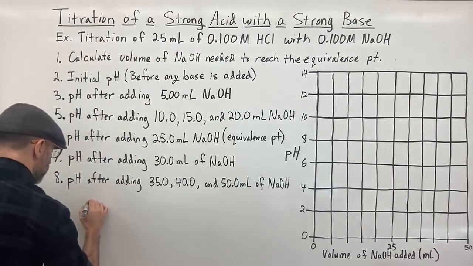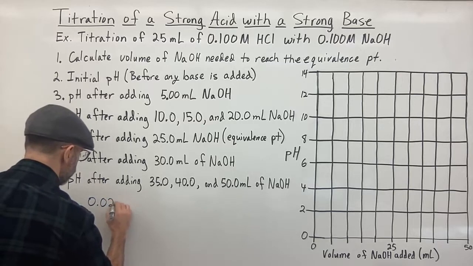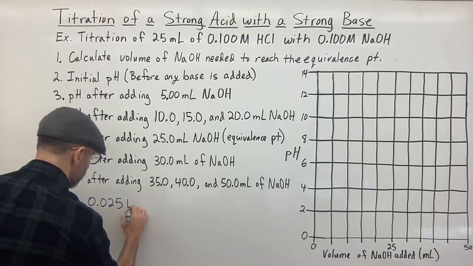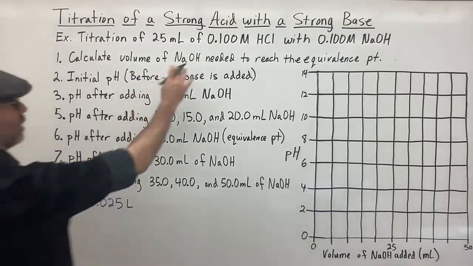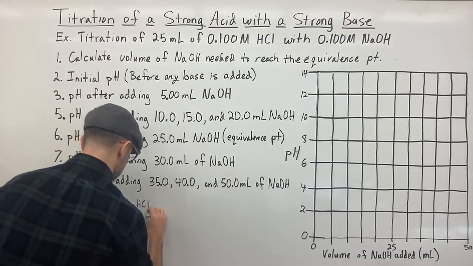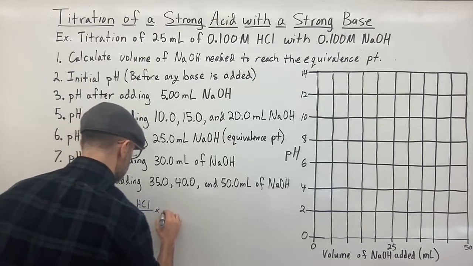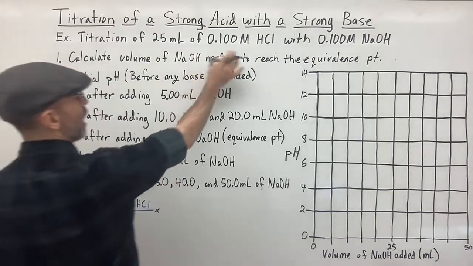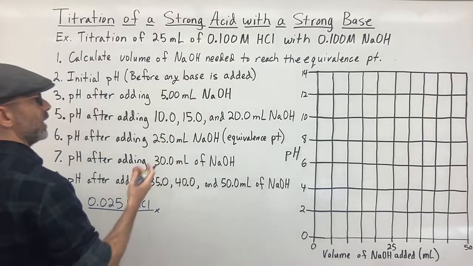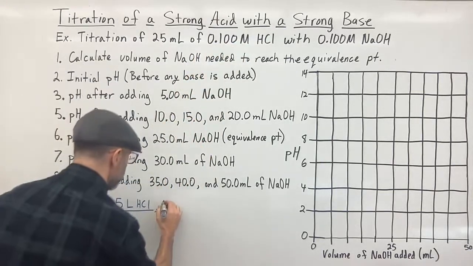So that's going to be 0.025 liters of our HCl solution over 1. And then we're going to multiply that by our molarity. So that's 0.100 moles per liter.